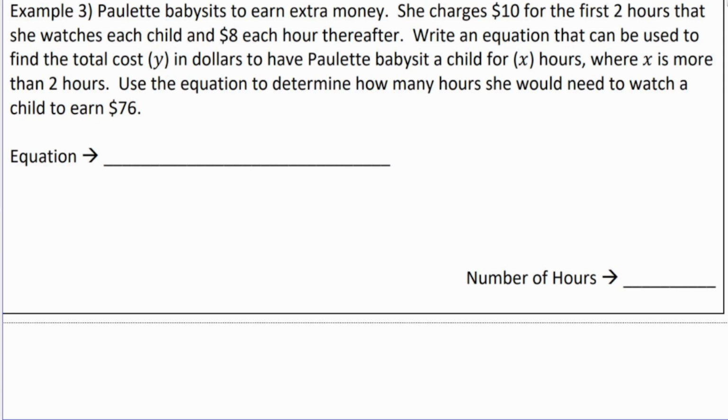Write an equation that can be used to find the total cost y in dollars to have Paulette babysit a child for X hours, where X is more than 2 hours. Use the equation to determine how many hours she would need to watch a child to earn $76.